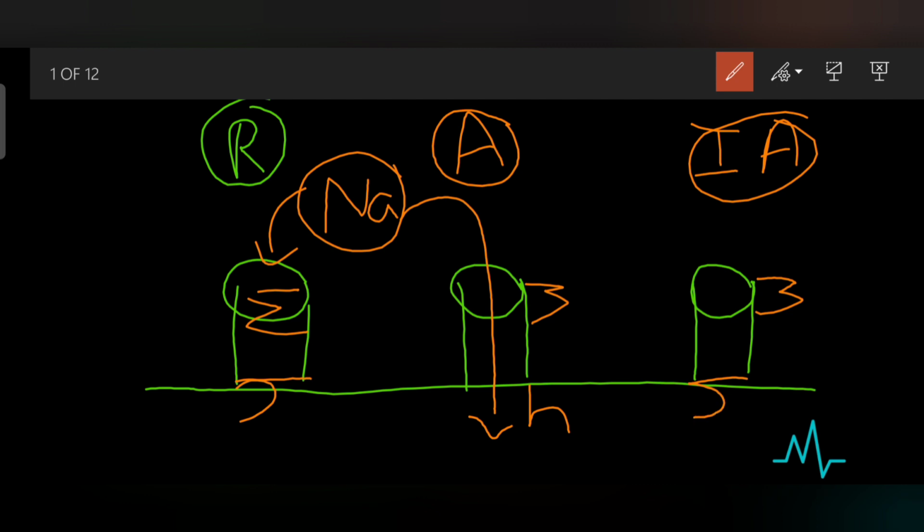closed, right? And this is where the local anesthetic is going to work.